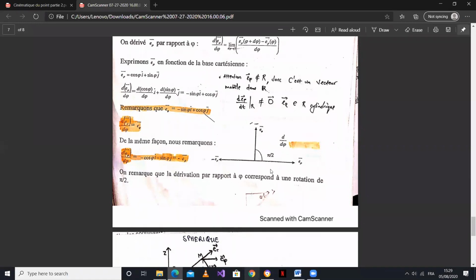We know that e rho and e phi are orthogonal to each other, meaning they are 90 degrees to each other. So if I rotate e rho 90 degrees, I'll be rotating it into e phi. And if I rotate e phi again 90 degrees, it's going to go in the opposite direction of e rho. So it's going to become minus e rho, and ainsi de suite, just like that.